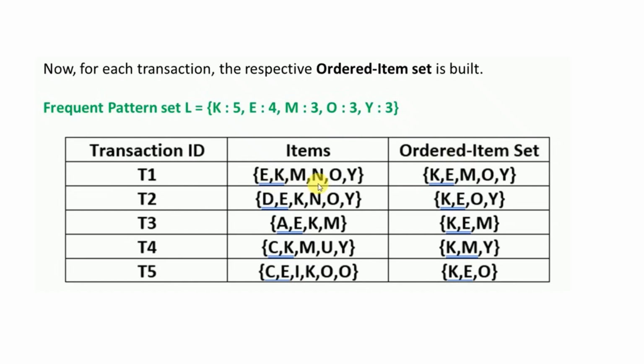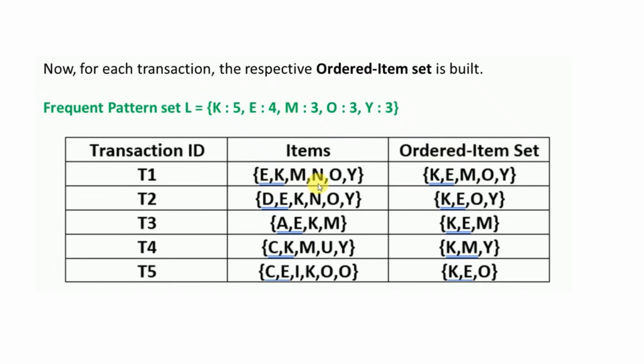So consider the transaction T1 and the item sets. If we move to the previous one, we can see that the item sets are like E, K, M, N, O, Y. Out of this, we removed N since it is less than 3. So we have already removed it.